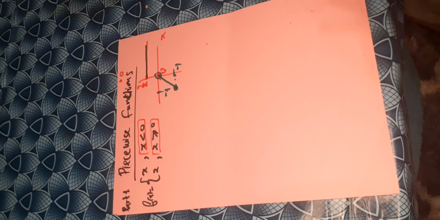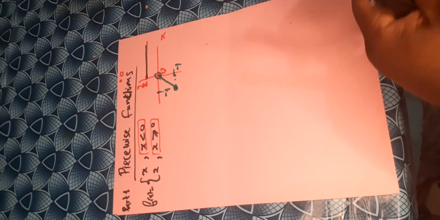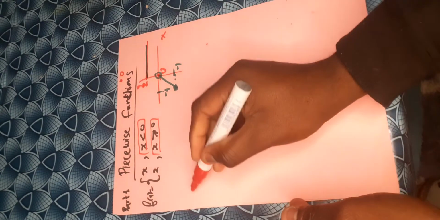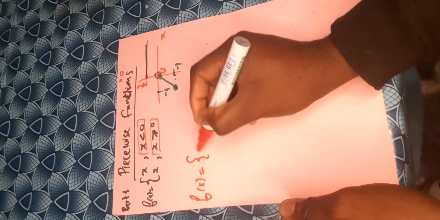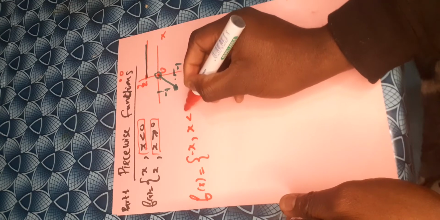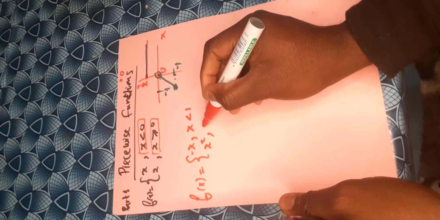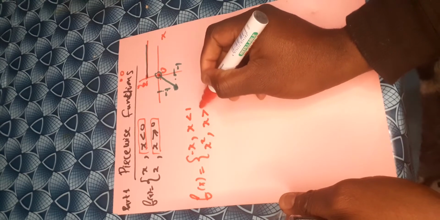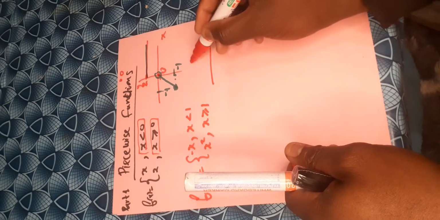Okay? So now let's tackle the second question. For example, if they give you something like this, f of x equals -x if x is less than 1, and x squared if x is greater than or equal to 1. How will I graph this? Simple.